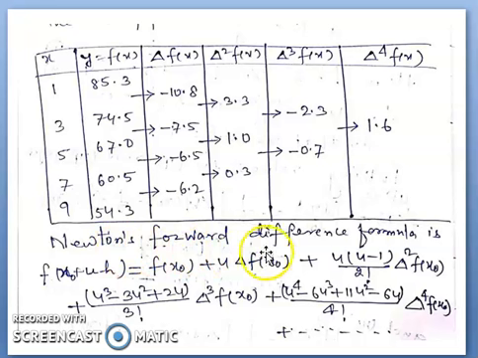What is the Newton forward difference formula? f(x0 plus uh) equal to f(x0) plus u del f(x0) plus u(u minus 1) divided by factorial 2 del square f(x0) plus (u cube minus 3u square plus 2u) divided by factorial 3 del cube f(x0) plus (u to the power 4 minus 6u cube plus 11u square minus 6u) divided by factorial 4 del to the power 4 of f(x0) plus dot dot dot.